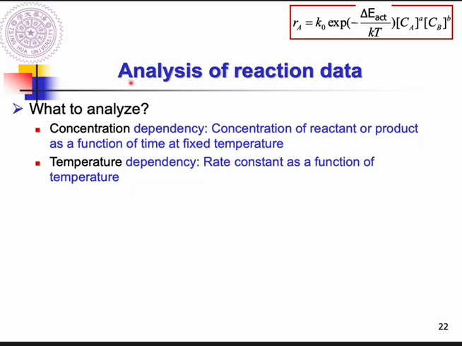So let's move to the second part, how to analyze your reaction data from your experiments to get the reaction rate equation for your interesting chemical reactions. So the purpose here is to get the rate constant and also the reaction order. What to analyze can simply be classified into concentration dependency and temperature dependency.